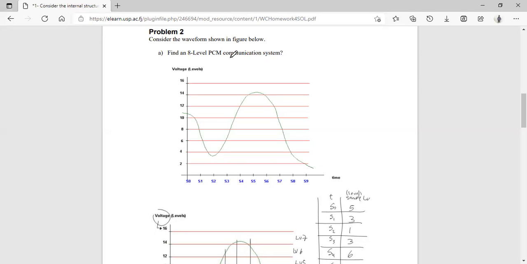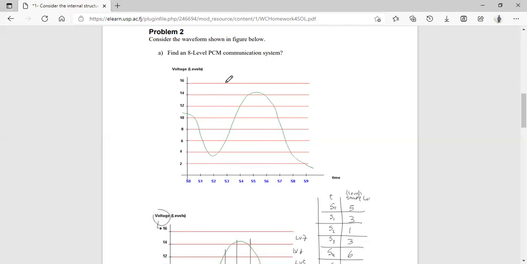In this particular case, it is somewhat similar to what you might have seen in our ADC, analog to digital converters. We are sampling at 8 levels, so we have 8 different signal values.